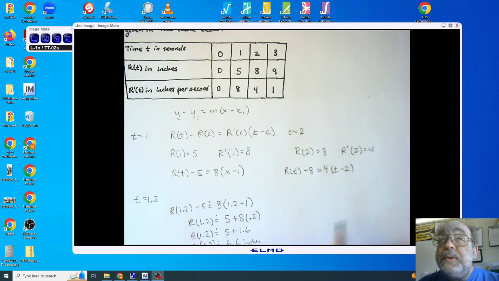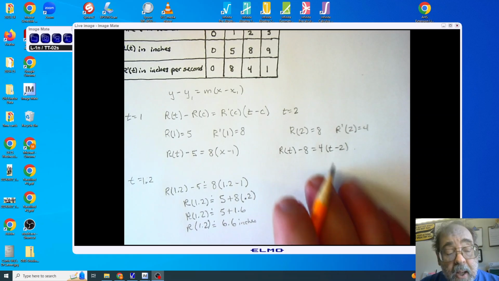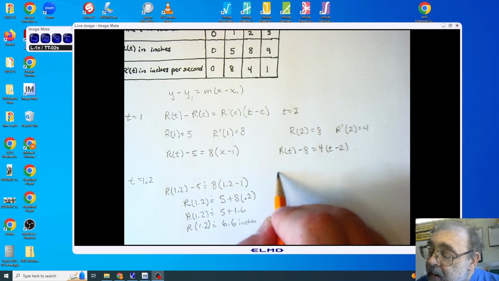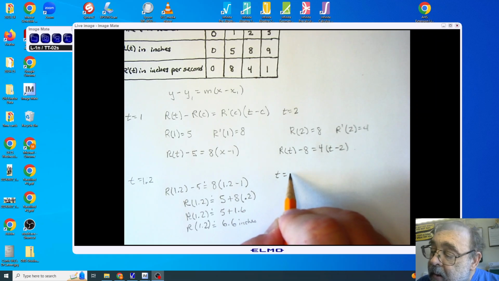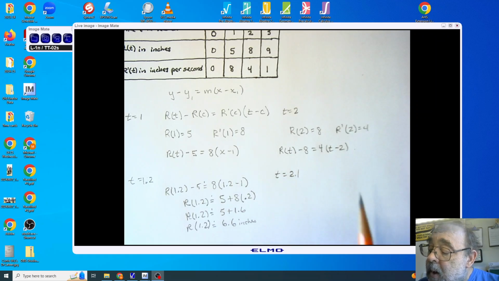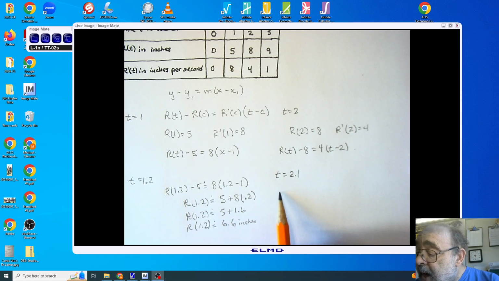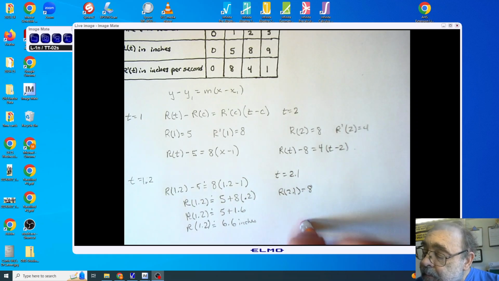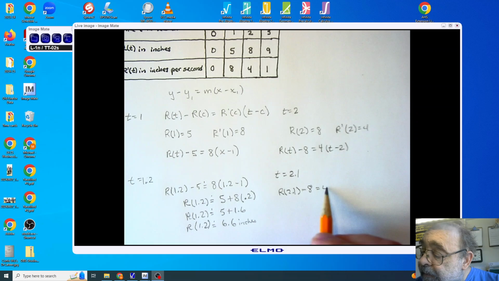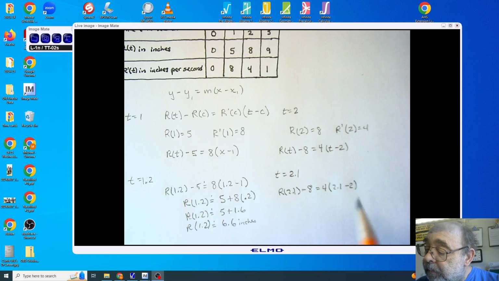Let's go ahead and now use our second equation of the tangent line. This time let's find at t approximately 2.1. So we're going to put it in as r of 2.1 minus 8 is equal to 4 times 2.1 minus 2.